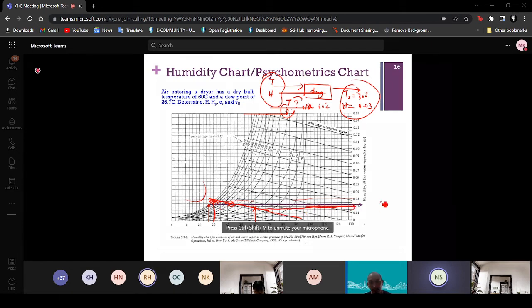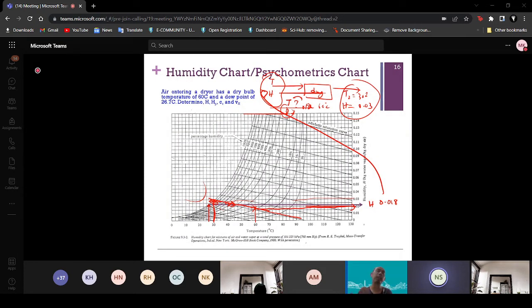It will give 0.018, let's say. So this is the humidity going in here. Okay, this is the reverse: if they give the outlet, find the inlet.